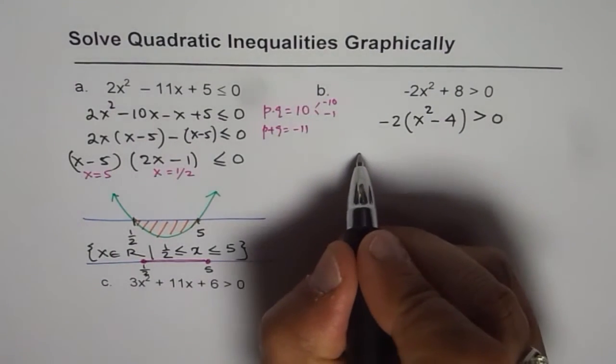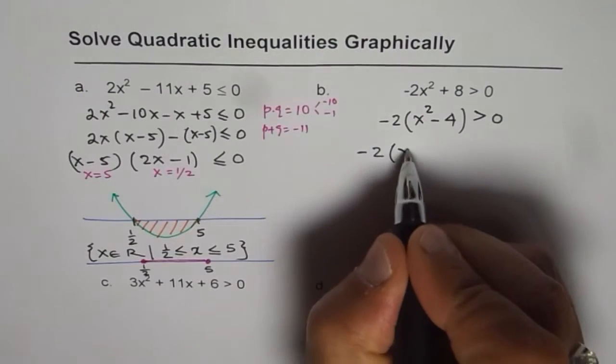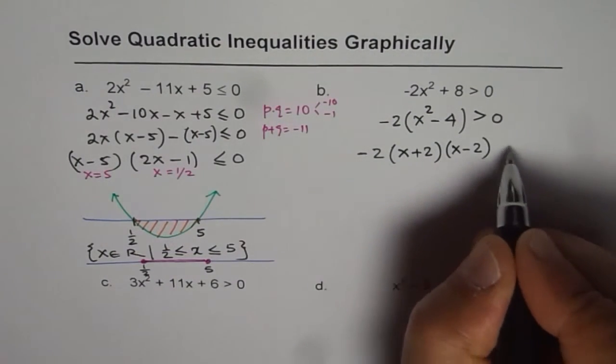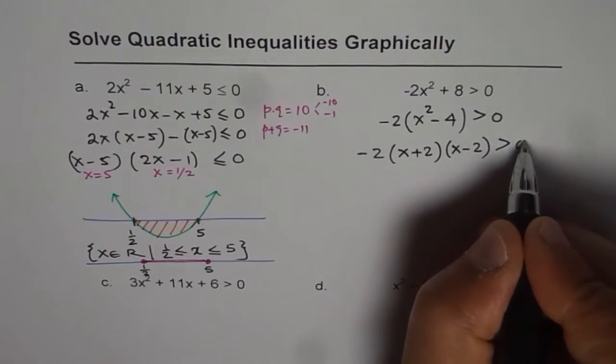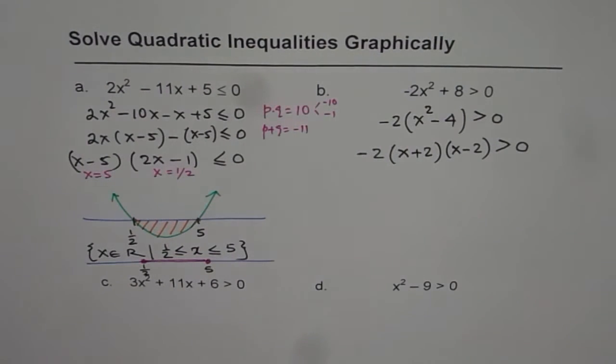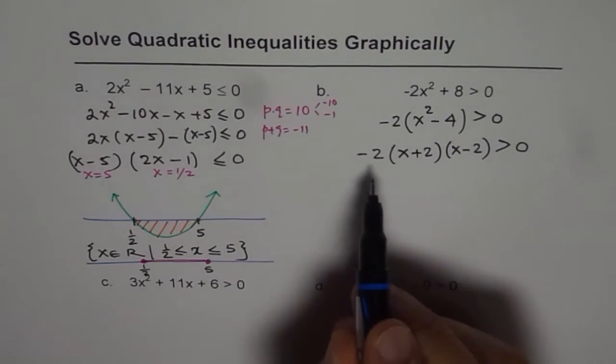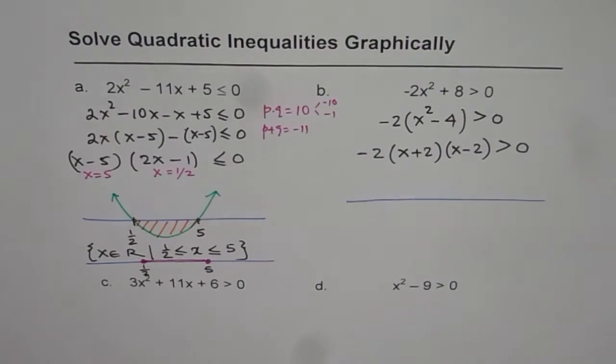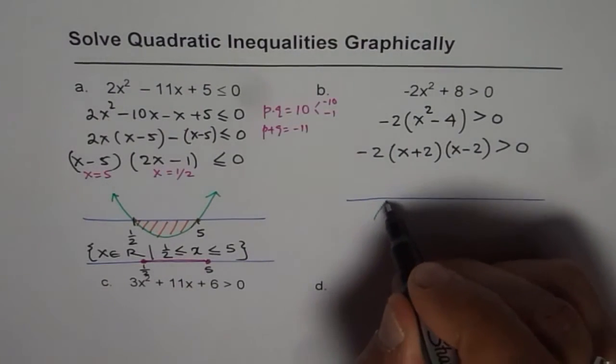So I can further factor it and write it as x plus 2 times x minus 2 greater than 0, right? Now this parabola will open down since the leading coefficient is minus 2. So it opens like this, downwards.